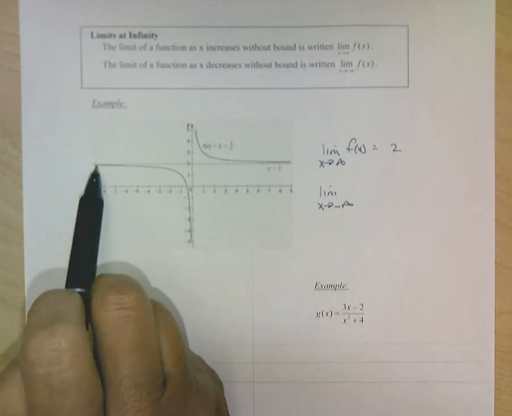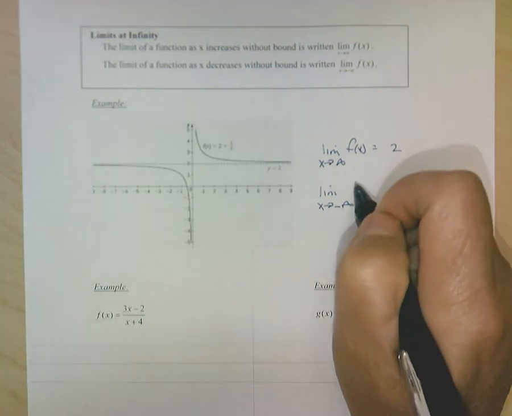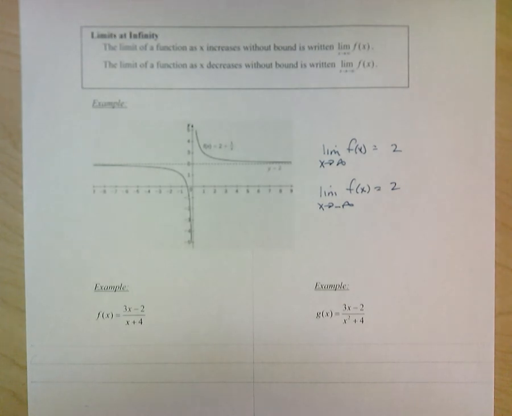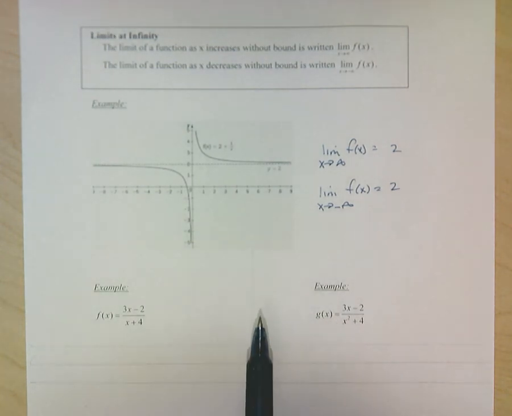Not exactly what's happening right here, but as I go farther and farther away. This ends up also being 2. So what we're looking at is a horizontal asymptote. A horizontal asymptote is what the function approaches at the far ends.